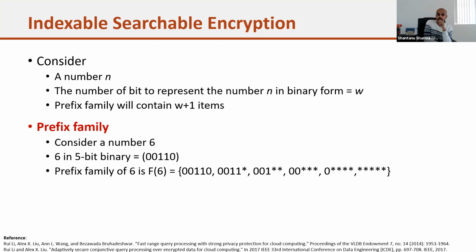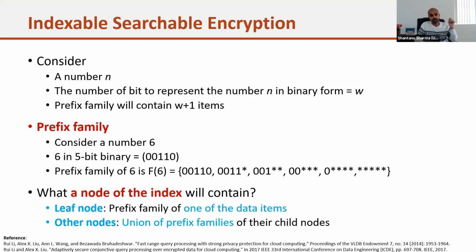For example, the first value 00110 is giving you exactly 6. The second value is 0011*. The star can be either 1 or 0, but by knowing only this part, I can know whether 6 is there or not. Same thing for the third, fourth, and fifth, and so on. So every time, if the bit length is w, I can create a prefix family of size w plus 1. These will help me in creating the nodes.